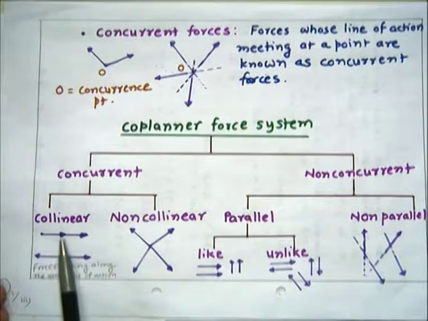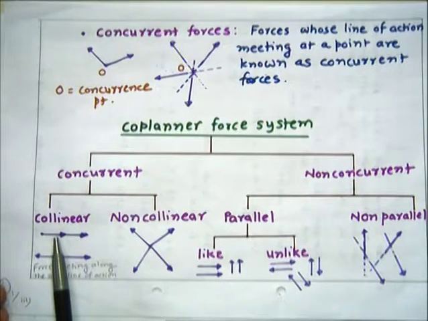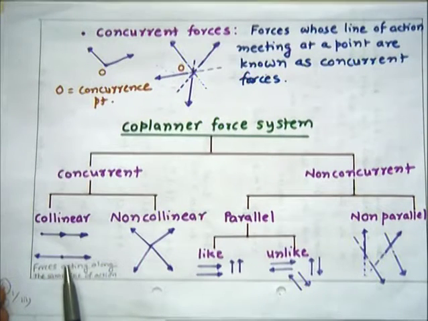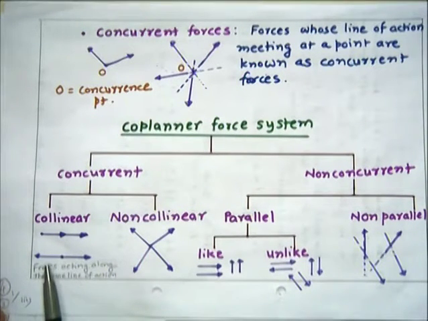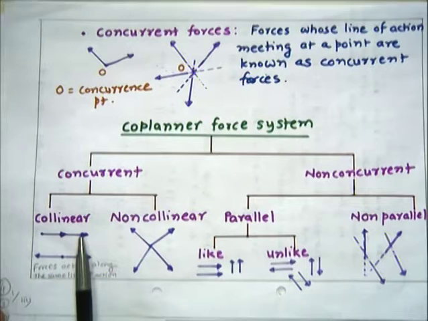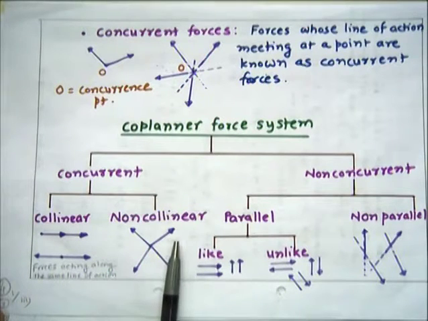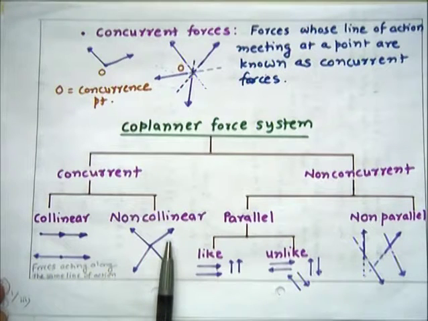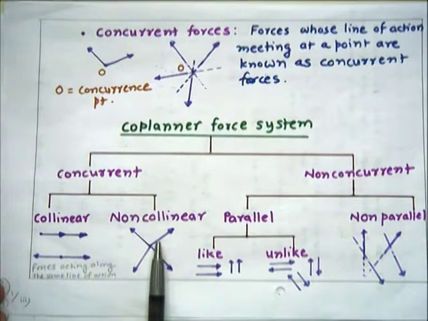It may be like this, collinear with the same sense or nature, or collinear with opposite sense or nature. So collinear forces can be shown in the same line like this or like this. Non-collinear means forces which are not in the same line, they have different lines of action, but again their point of intersection is the same.